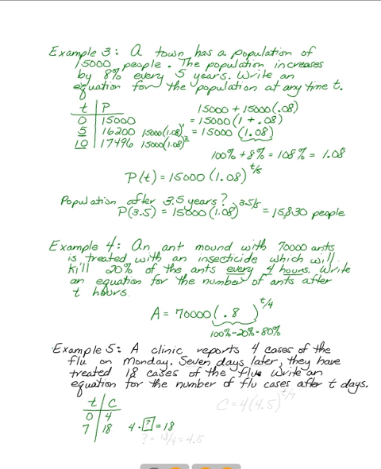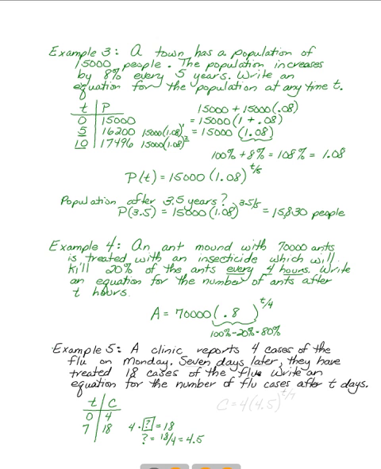Well, if I put a question mark here, solving for that question mark is going to be 18 divided by 4, and 18 divided by 4 is 4.5. So that's actually our factor. That's our multiple of the number of cases that are increasing.